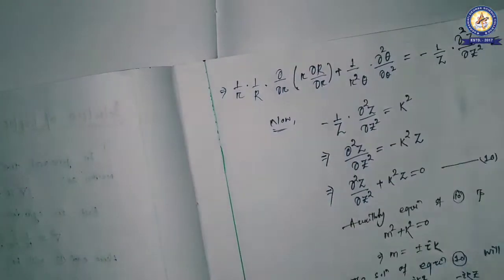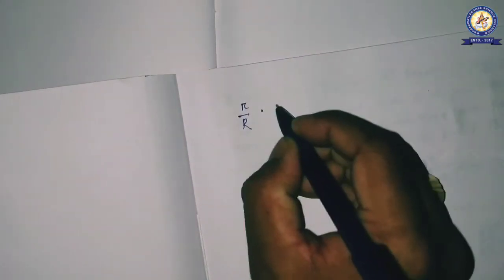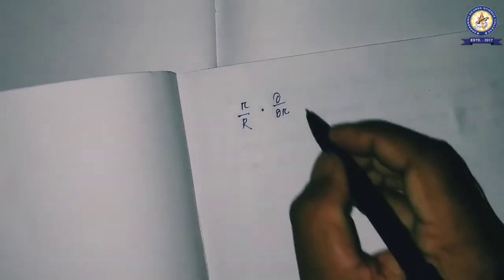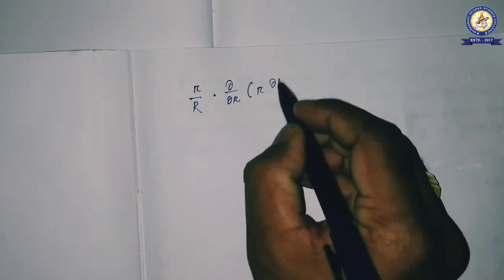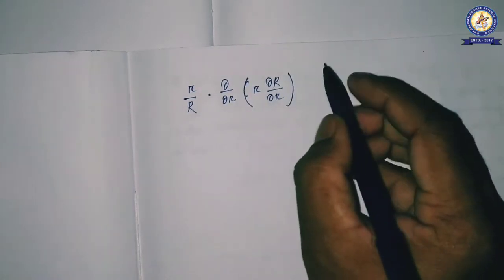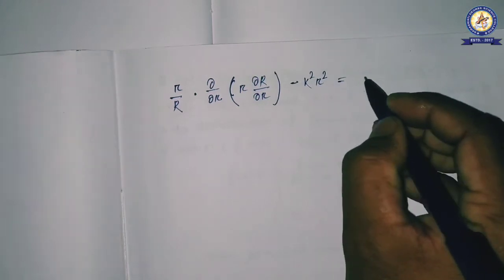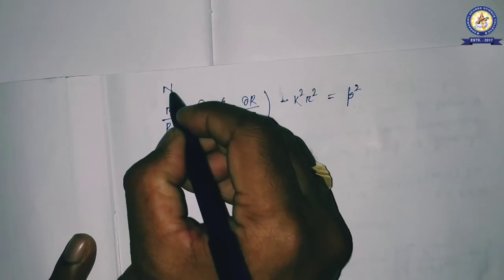Okay, we have to write down that is, 1 by capital R into del by del r of r into del capital R by del r, minus k square r square is equal to small p square.